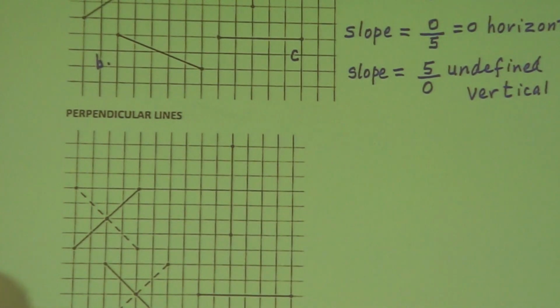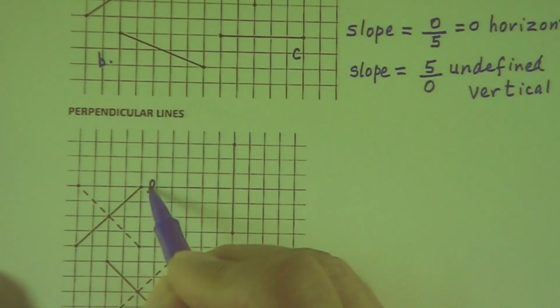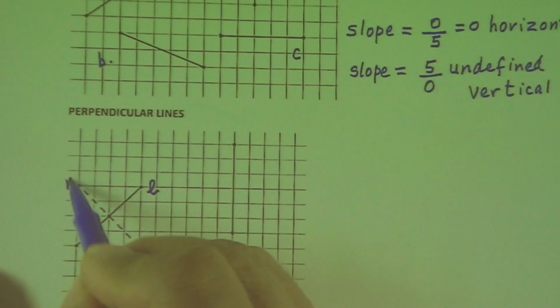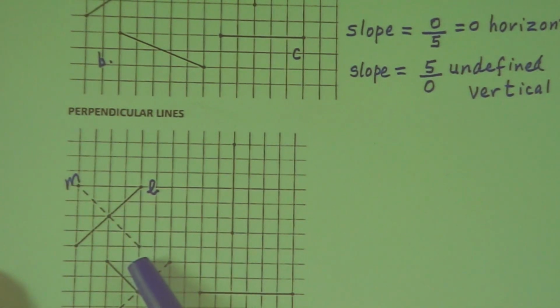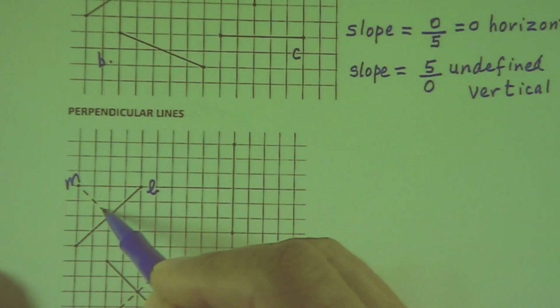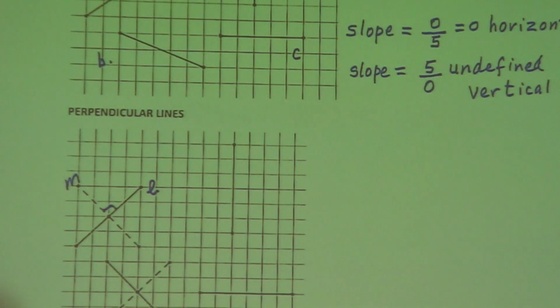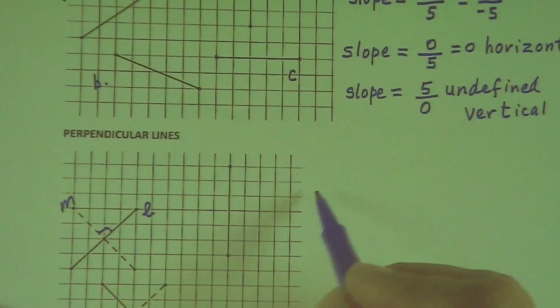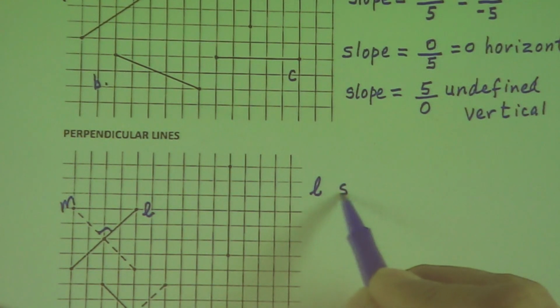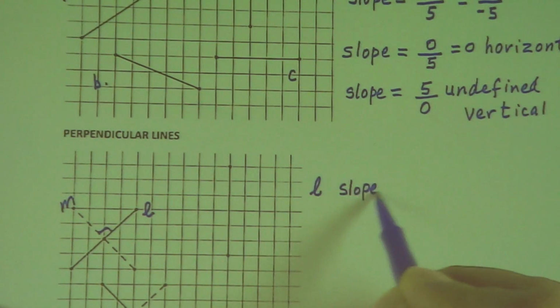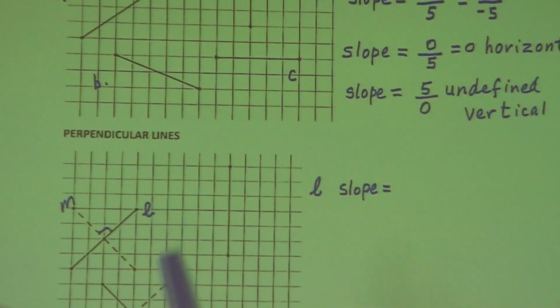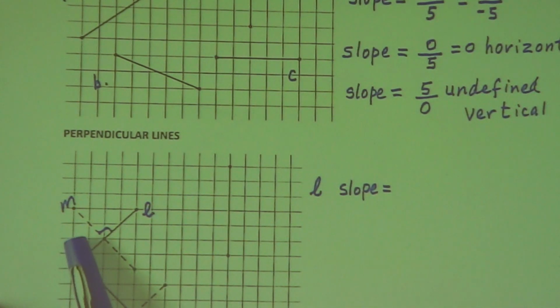Perpendicular lines. I'm going to call this L and M. And I drew these two lines, so this is a 90 degree here, perpendicular. Let's take L, the slope. This is the same line from above. So I have 1, 2, 3, 4. Actually, it's different.